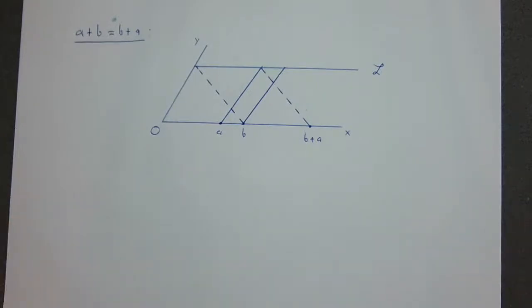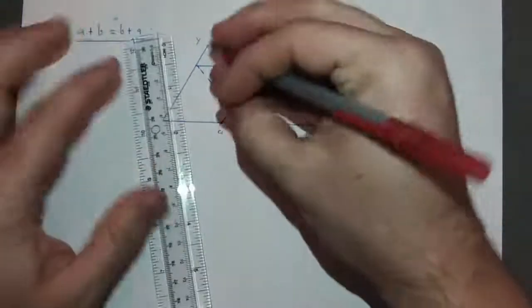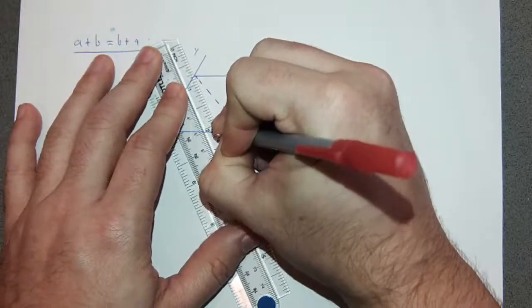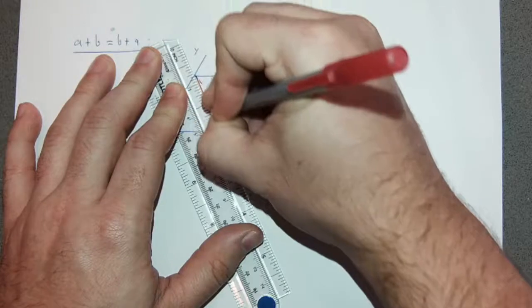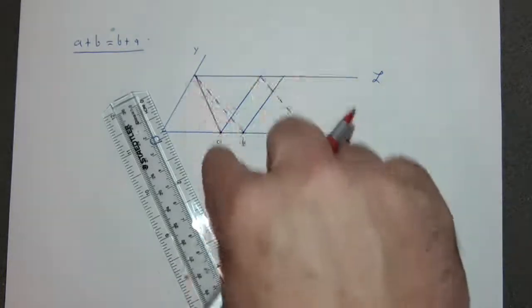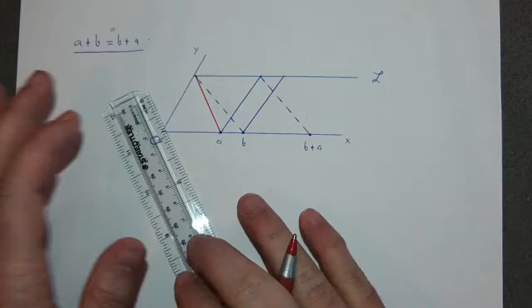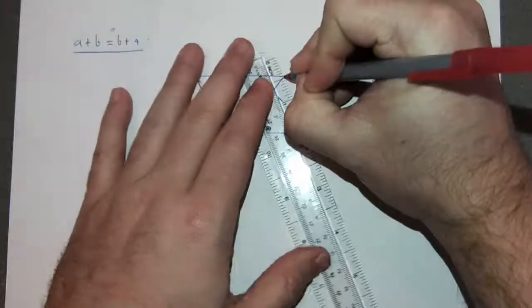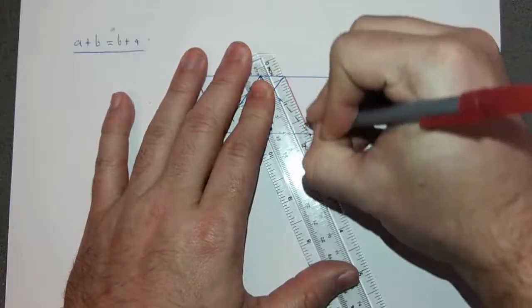Let's draw in two other lines. I need lines connecting A to this intersection point Y. Now if I draw the line that is parallel to this line, does it actually pass through this point?